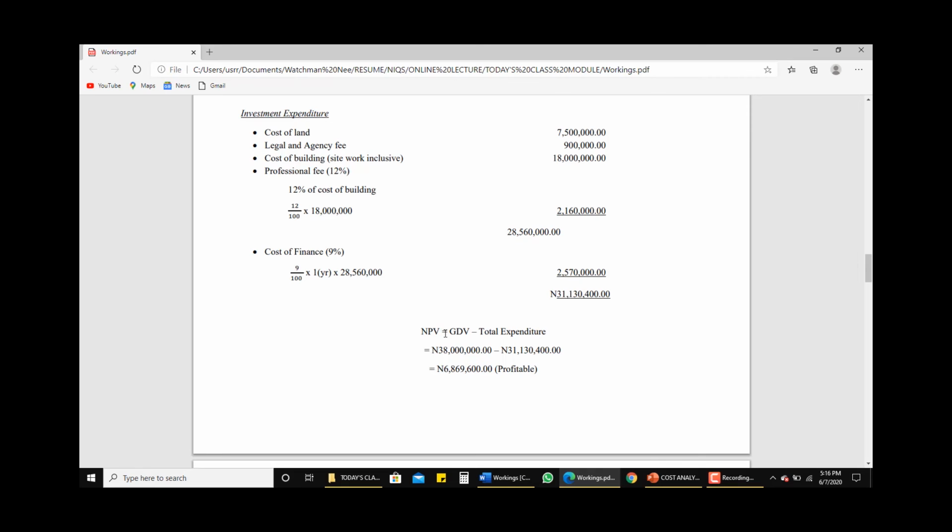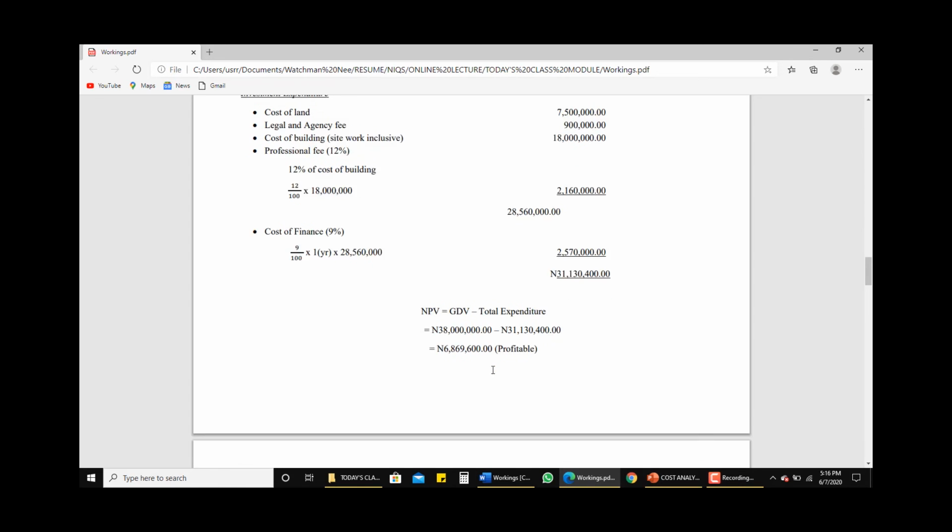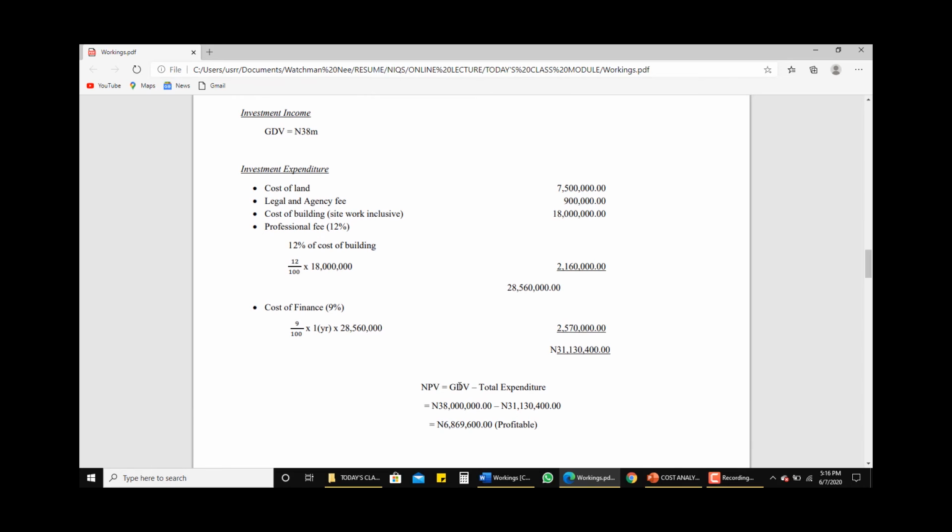You arrive at it by deducting the total expenditure from your gross development value, which is your income in this case. For this scheme, our net present value is positive, which is 6,869,600 naira, which shows that the scheme is profitable.